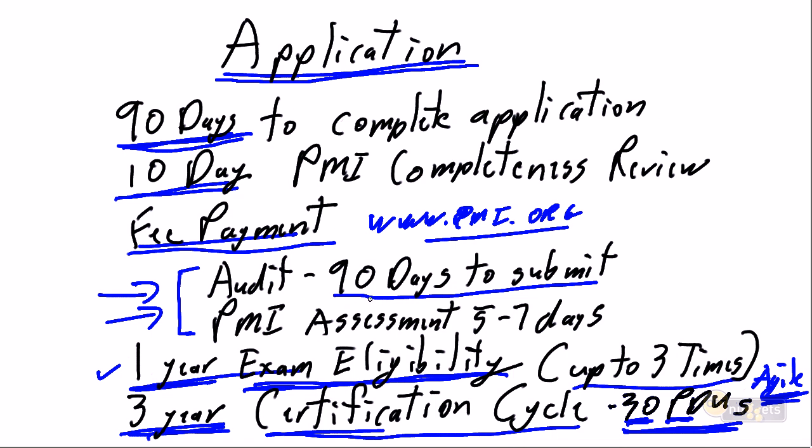Once you do your submission, PMI has an additional 5 to 7 days to review your audit materials, and then again the expectation is you will get your eligibility letter, and then you come back into the happy path process where you have 1 year to complete your exam.